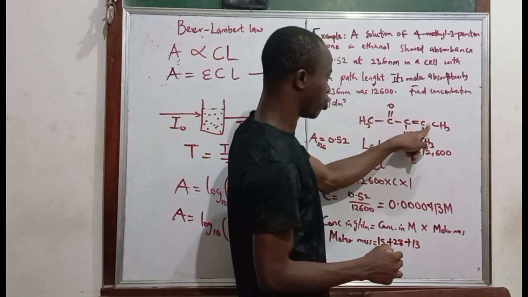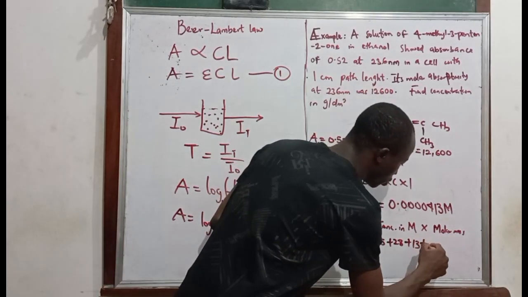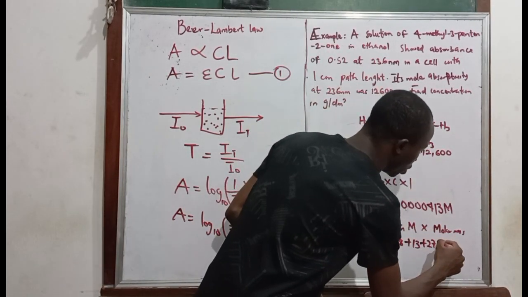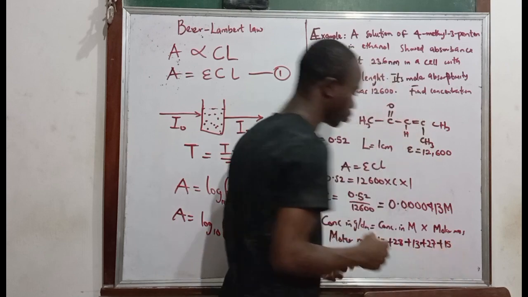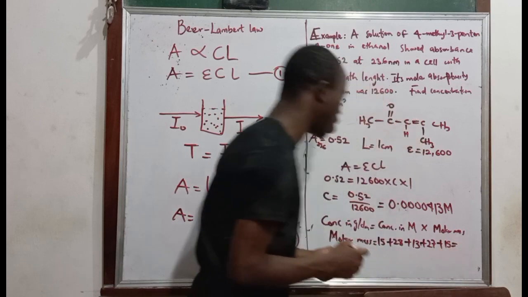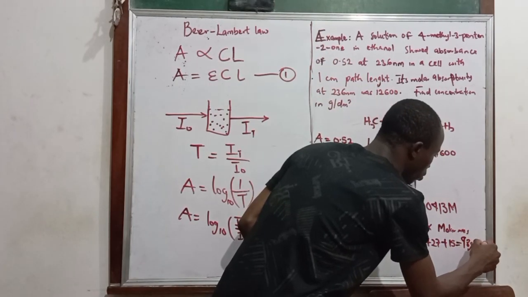Carbon here is 12 and this is 15. So 12 plus 15 will give us 27. And then plus another 15, we have this. So the molar mass would be 58 gram per mole.